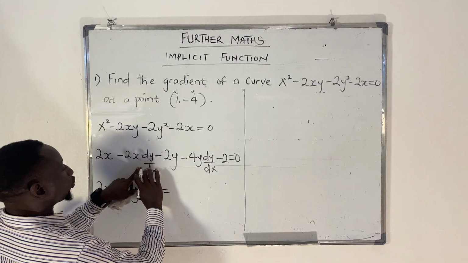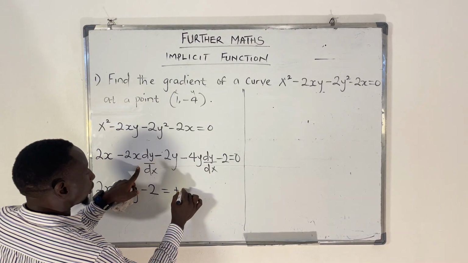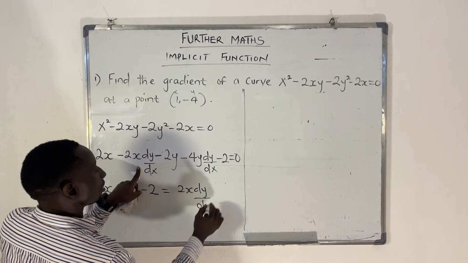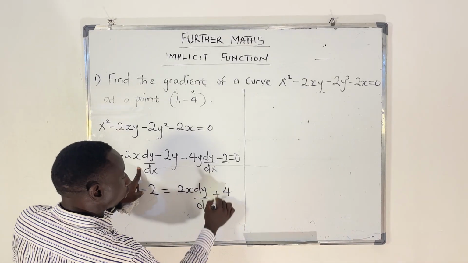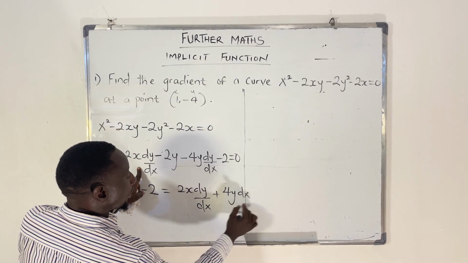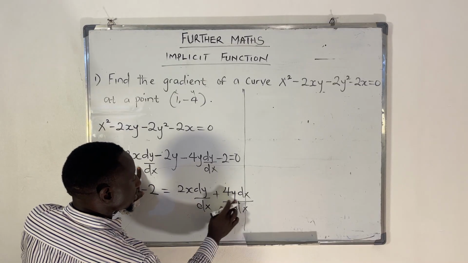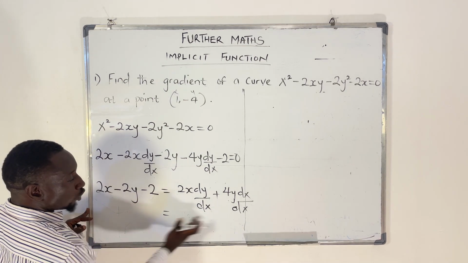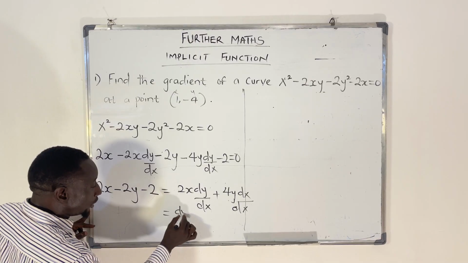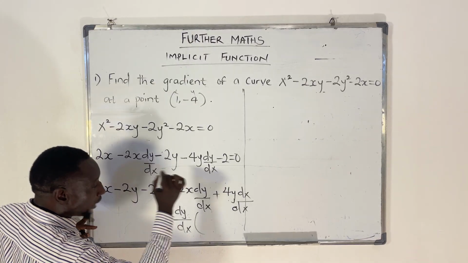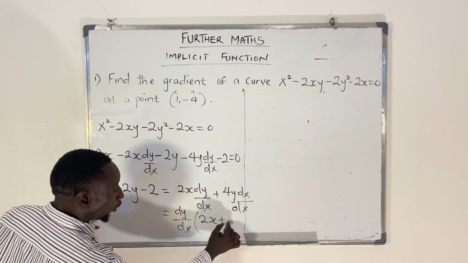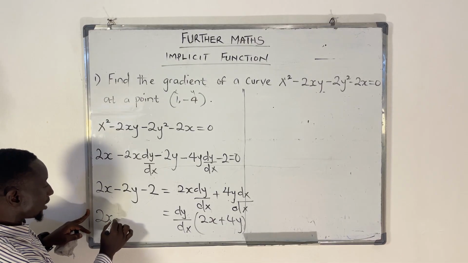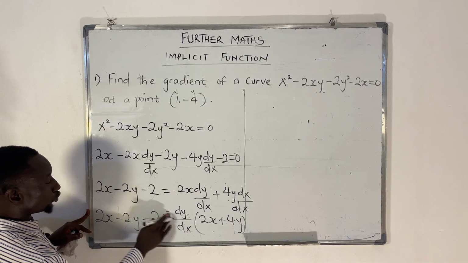So you have plus 2x dy/dx, plus 4y dy/dx. Now looking at this, just factor dy/dx out. You will have dy/dx, open bracket, 2x plus 4y, close bracket, equal to 2x minus 2y minus 2.